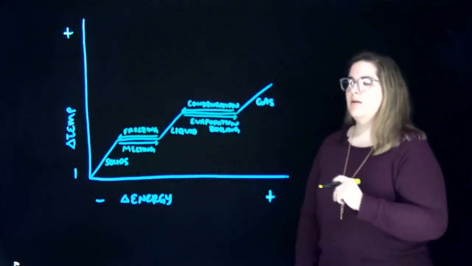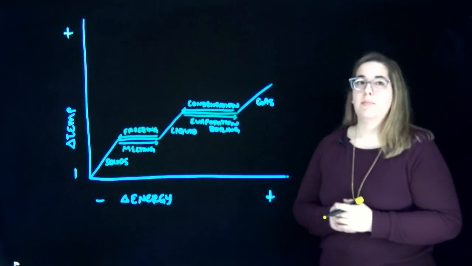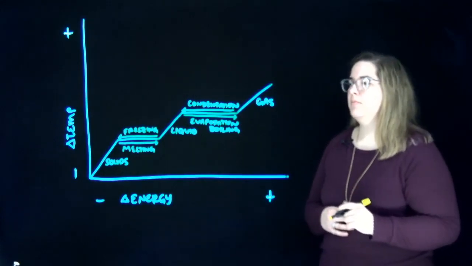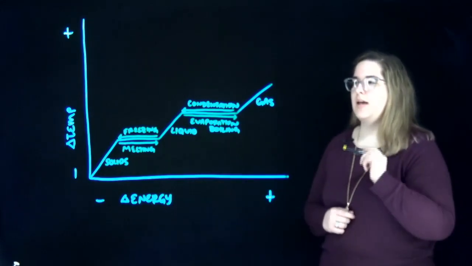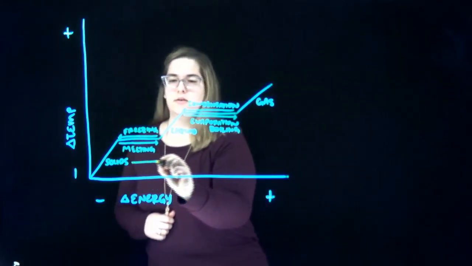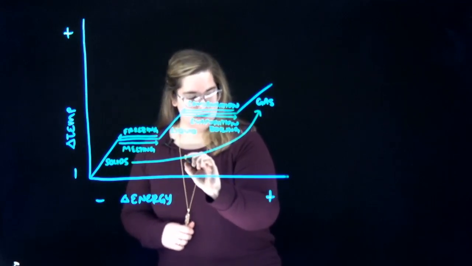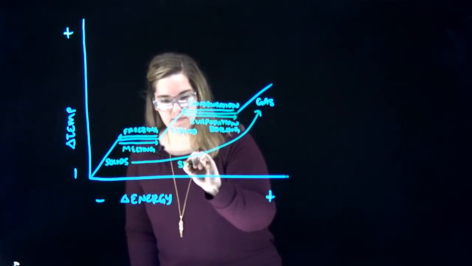All right, so we've got our big ones that we all should have prior knowledge about. Some of the ones that we may not have prior knowledge about are our phase changes from a solid to a gas and from a gas back down to a solid. When we change from a solid up to a gas, this is called sublimation.